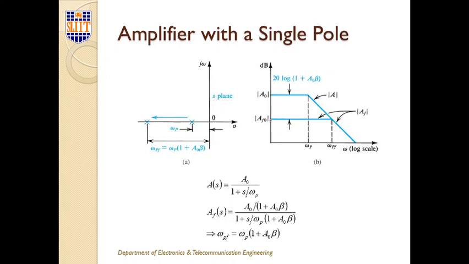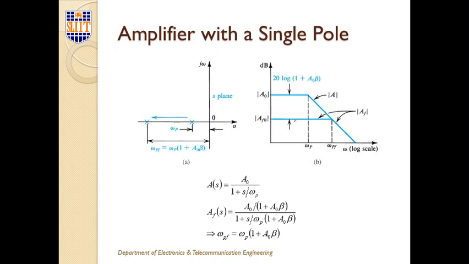Now if you look at the gain bandwidth expansion. If you plot the Bode plot, as you can see in here, at omega p the gain is A naught. So if you draw the Bode plot, at omega p it will start going down at a 20 dB per decade ramp. So in this case, the feedback gain, as we derived in an earlier slide, is now reduced by a factor of 1 plus A beta.